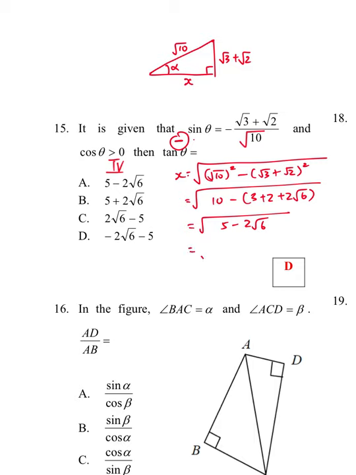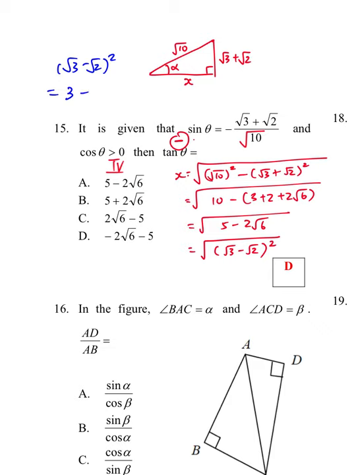So if you remember in chapter 1, we have a question simplifying this kind of compound surd, or you may say that this is a quadratic surd. 5 minus 2 square root of 6 is actually square root of 3 minus square root of 2 all squared. You can verify this. Let's do this right here.